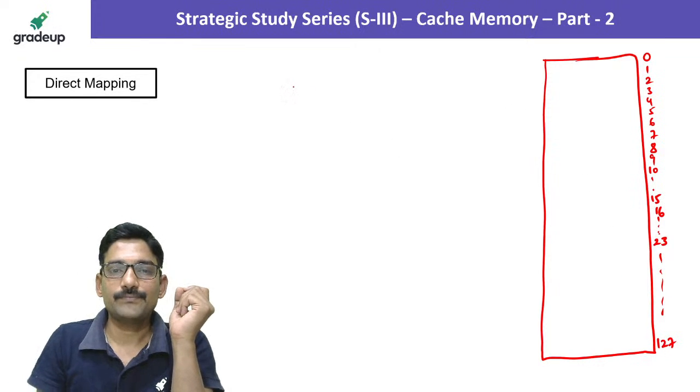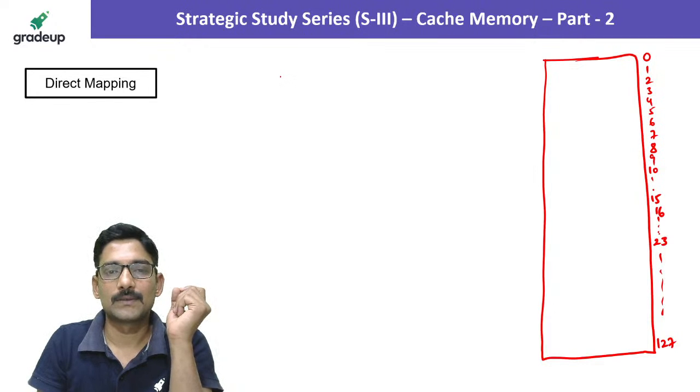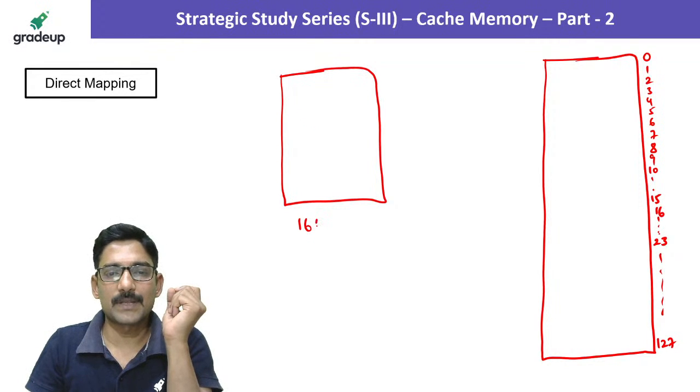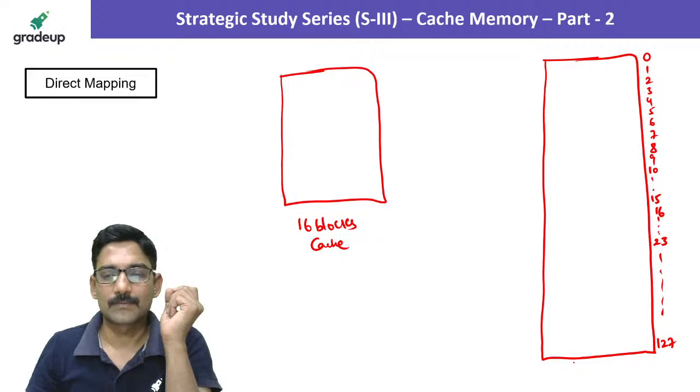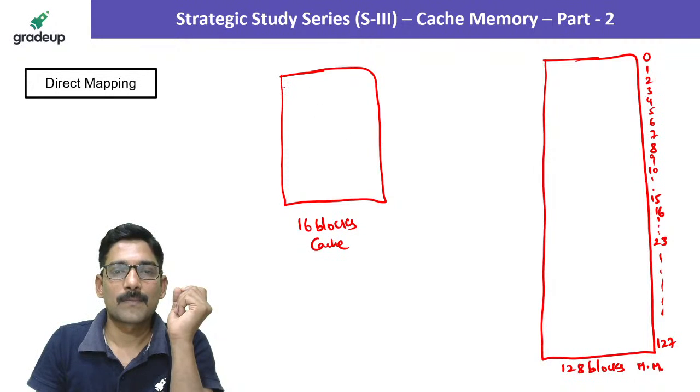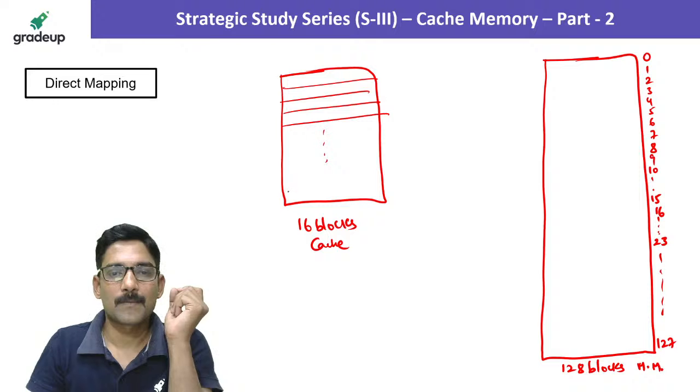This is cache memory with 16 blocks, numbered from 0 to 15.